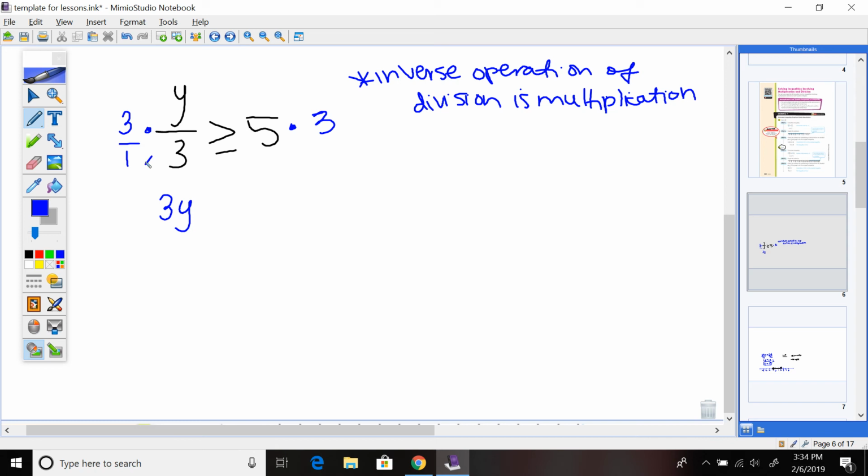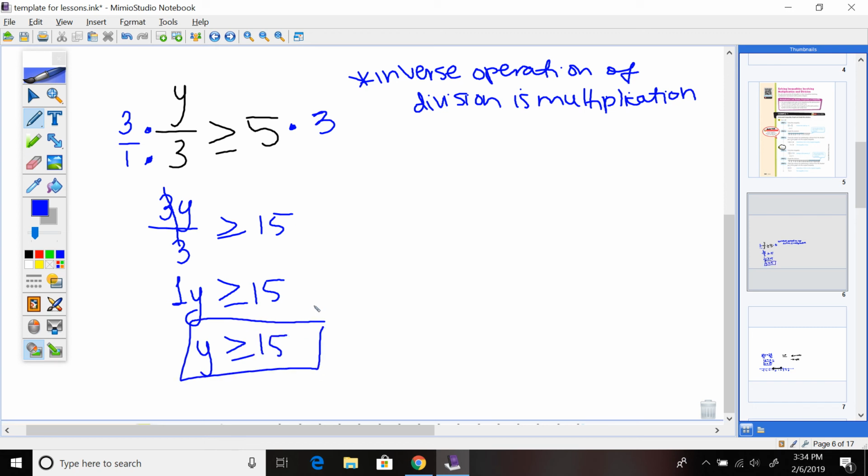What is 1 times 3? 3. Greater than or equal to 15. 3y divided by 3, so 3 divided by 3, one more time, that's 1 whole. So I will cross it out because that's exactly 1 whole, 1y greater than or equal to 15. Same thing as y is greater than or equal to 15. So the solution to this inequality is y is greater than or equal to 15.